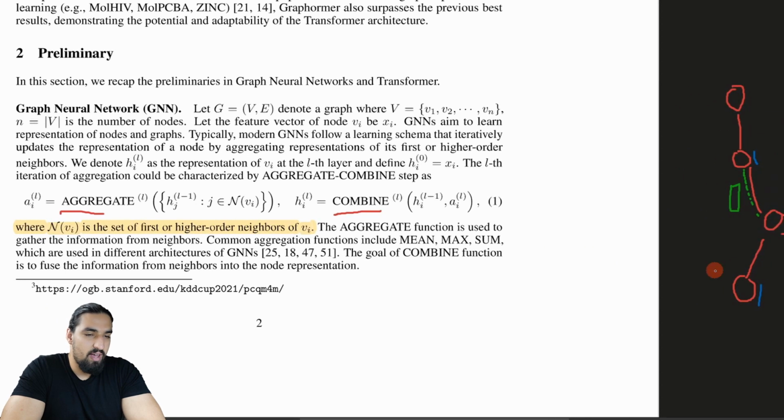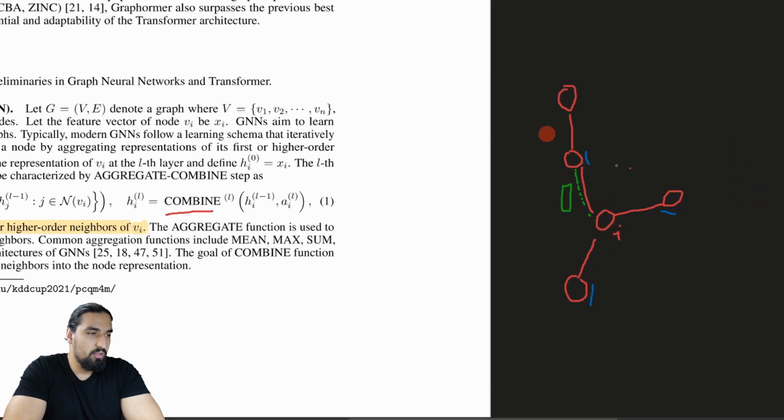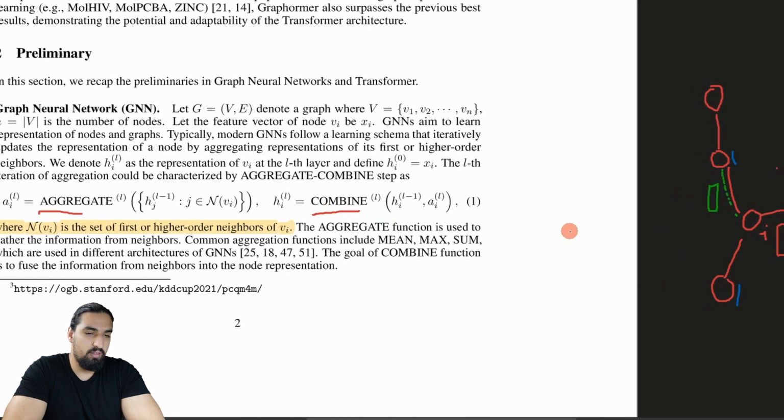Once you have that, you have the original feature vector here, and you have the one you just formed by aggregation. And now the following step is this combine method. This is the aggregated one, and then you have the original one, that's this one. And you somehow combine them.